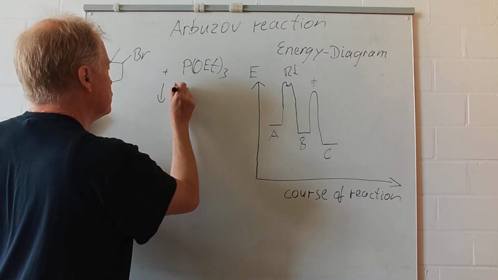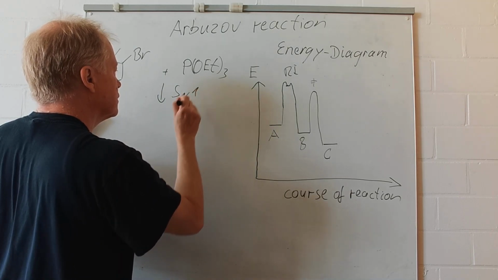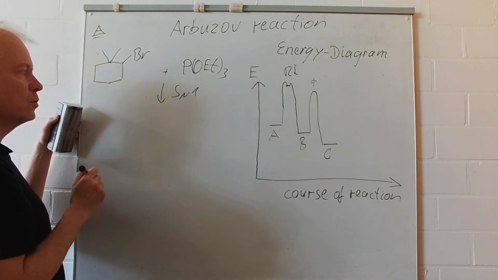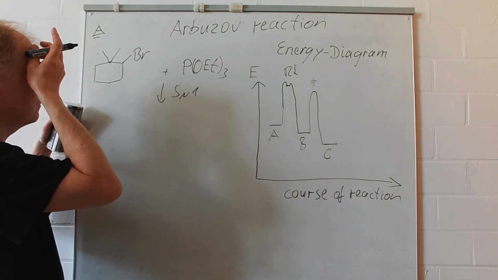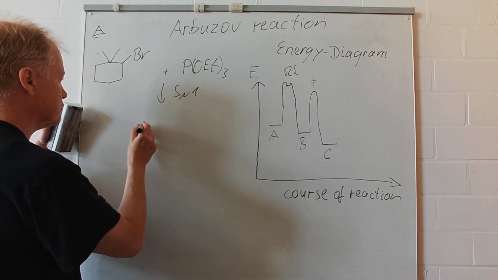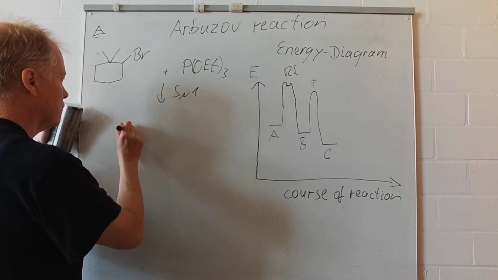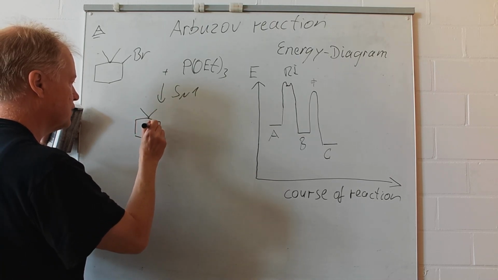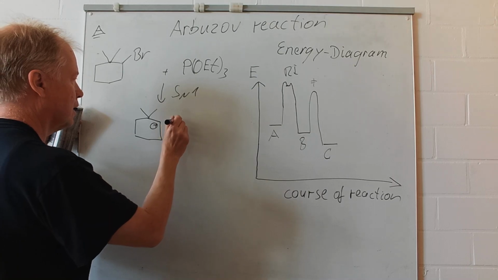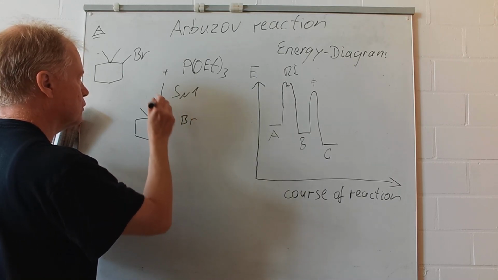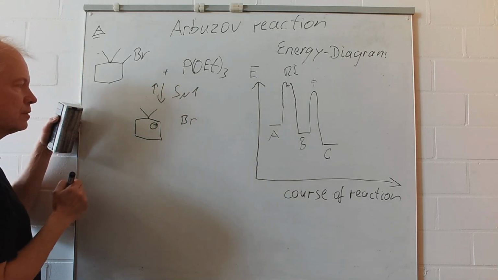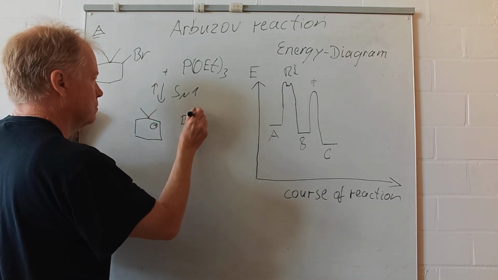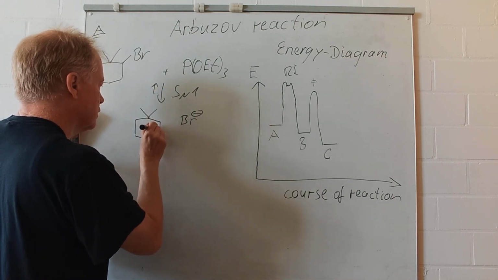So we can assume that an SN1 process or an SN1 type process will take place, forming the secondary carbocation in the first step. This is still an equilibrium reaction step.